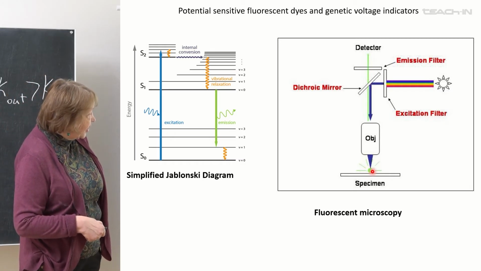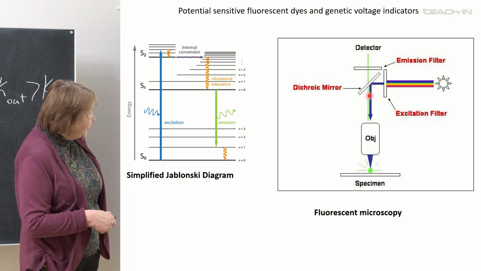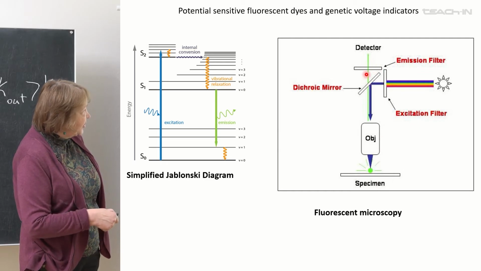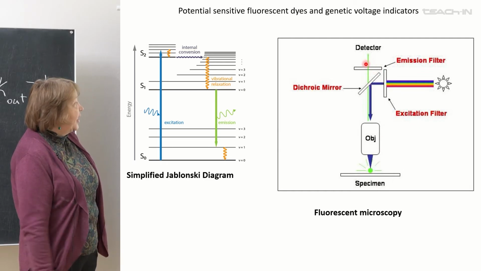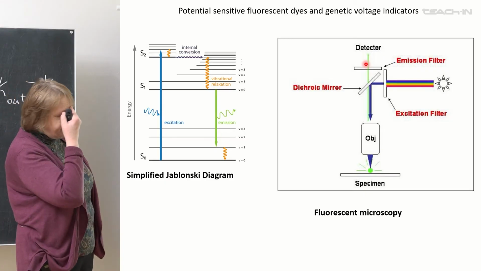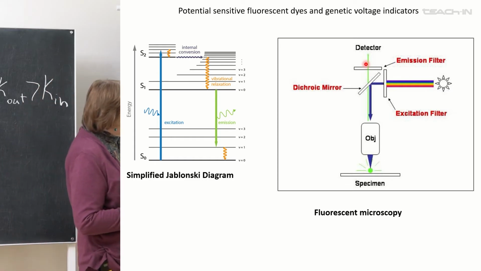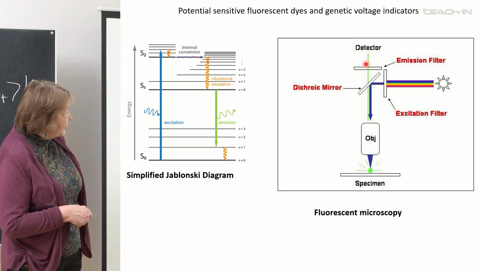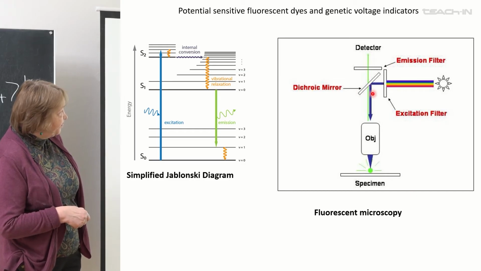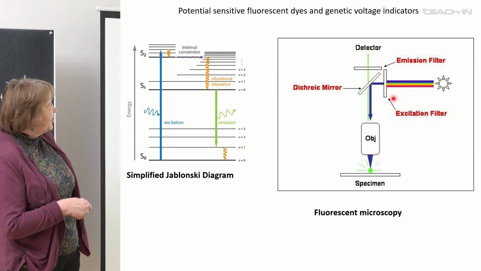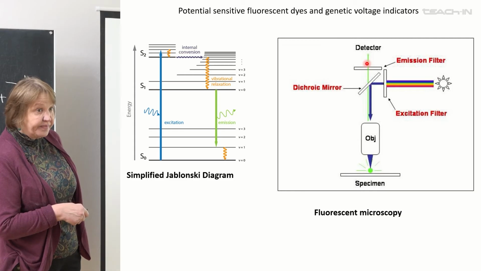Then it emits light of lower energy, and then it reaches a dichroic mirror, which gets rid of everything except this emitted light. There are several different types of those microscopes, and I'm not going to go into details, but it is very important to be able to separate these wavelengths so that you don't have any excitation light in your detector.